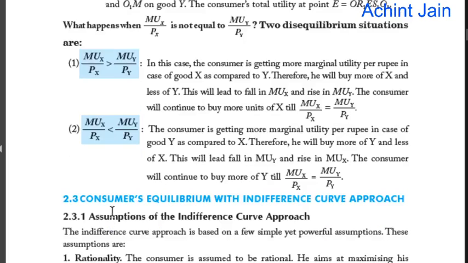In the opposite case, when MUx divided by Px is less than MUy divided by Py, you need to decrease the consumption of the y product, and then automatically it will be equal. These are called disequilibrium situations, and this is how we reach equilibrium.